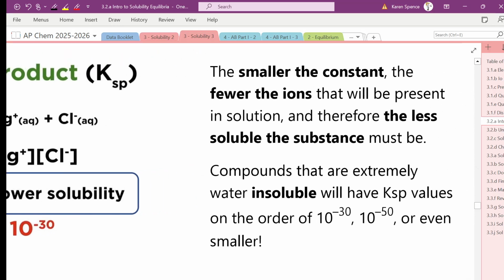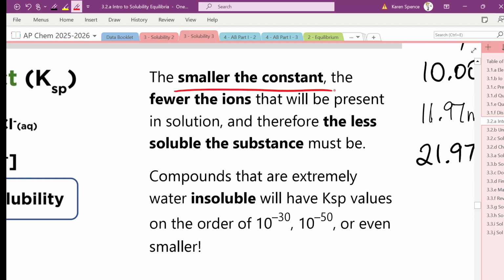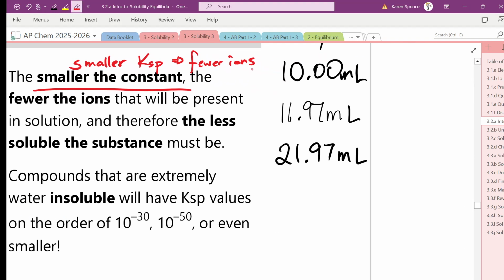Less soluble. So we can say that the smaller the KSP means fewer ions, means lower solubility. And what does solubility mean?